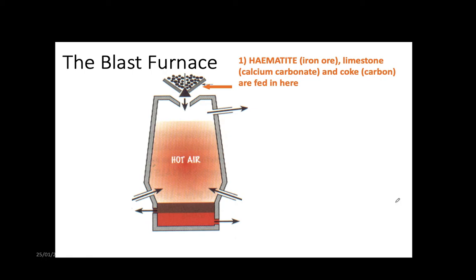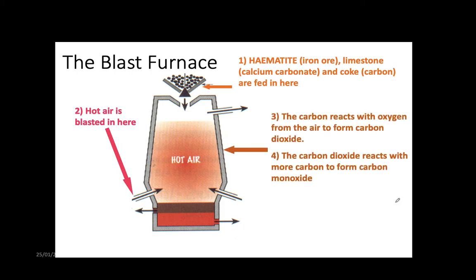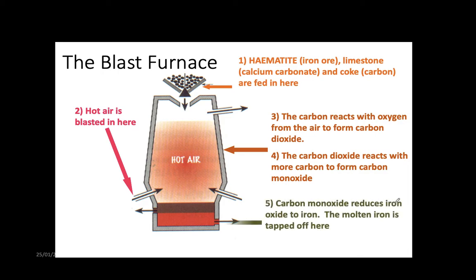Hematite, which is iron ore, is added in at the top with limestone, calcium carbonate, and coke, carbon. They're all fed in at the top. Hot air is blasted in at the bottom. And in the middle, carbon reacts with oxygen from the air to form carbon dioxide. The carbon dioxide reacts with more carbon to form carbon monoxide.